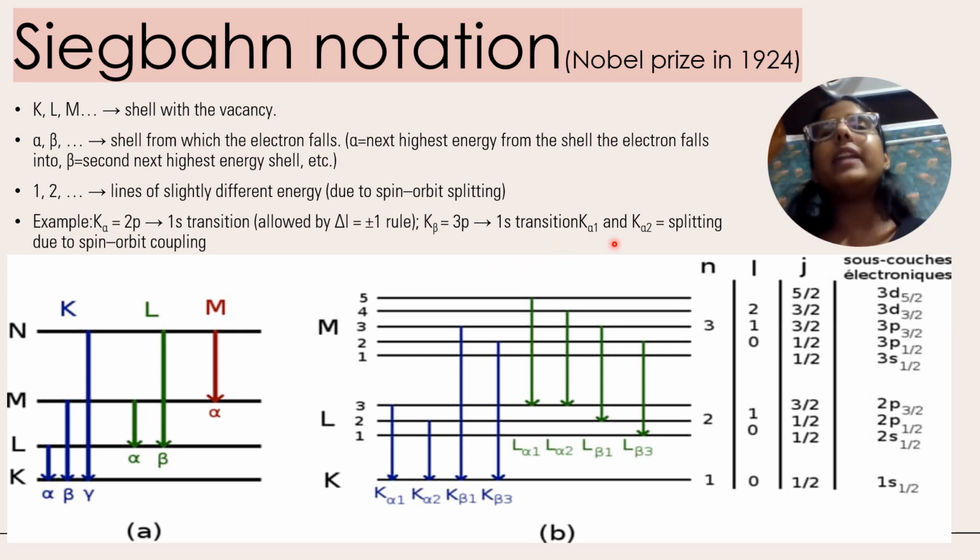Now K alpha 1 and K alpha 2 mean the splitting of the orbital.